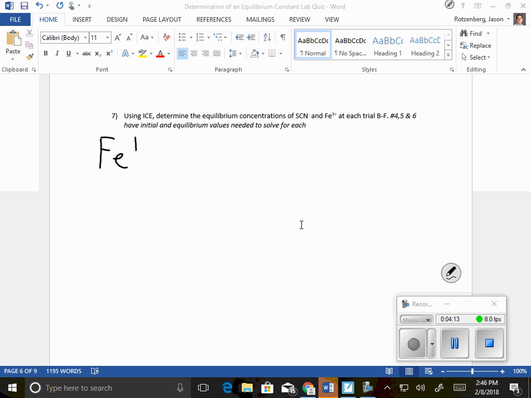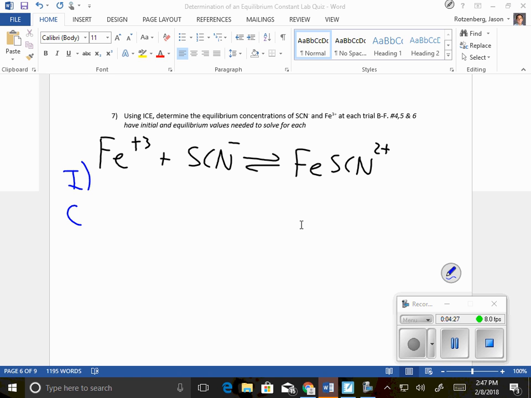We were reacting iron ion with the SCN ion to make the FeSCN 2 plus. We did not start with any of the iron thiocyanate, so I assigned that as 0 initially.